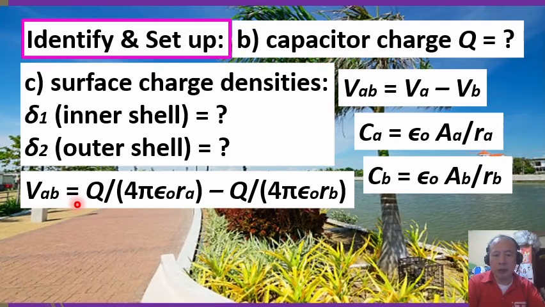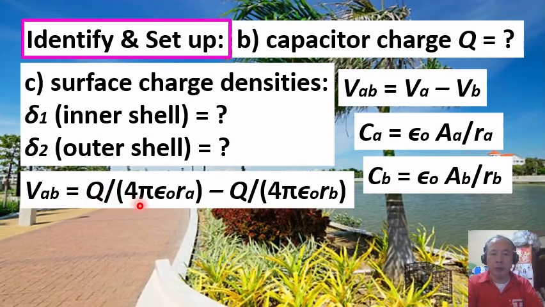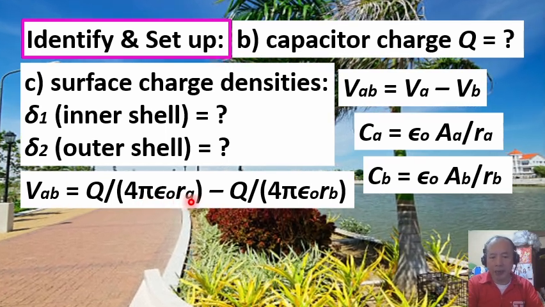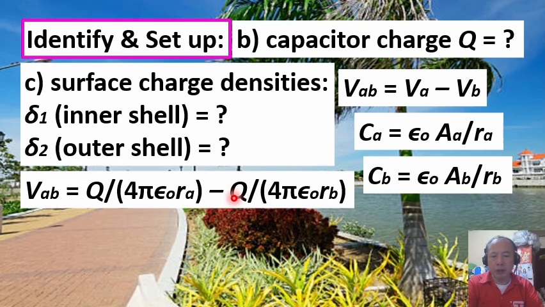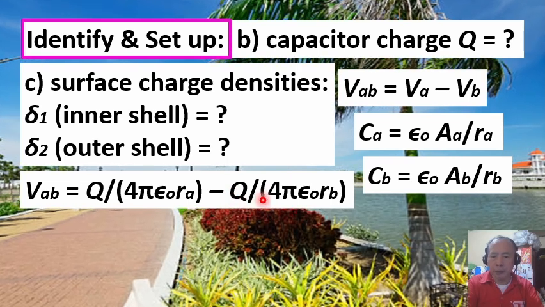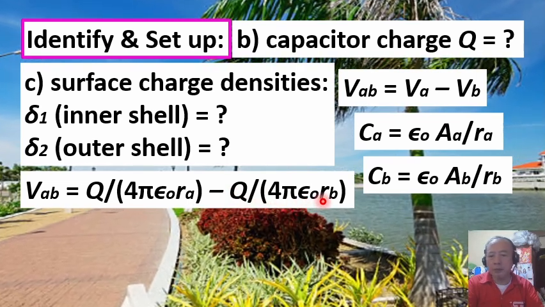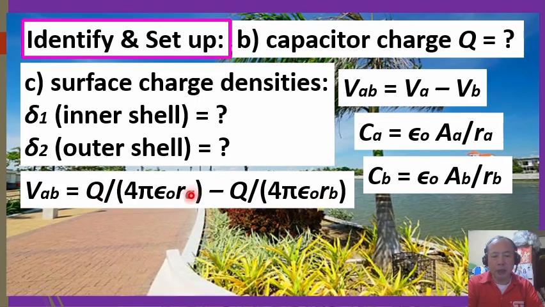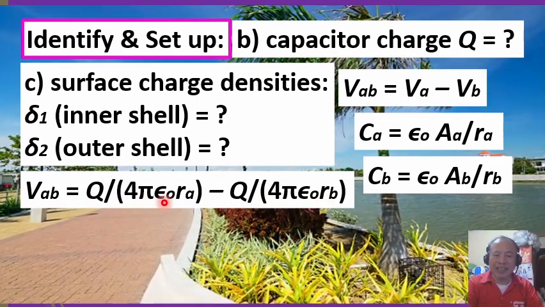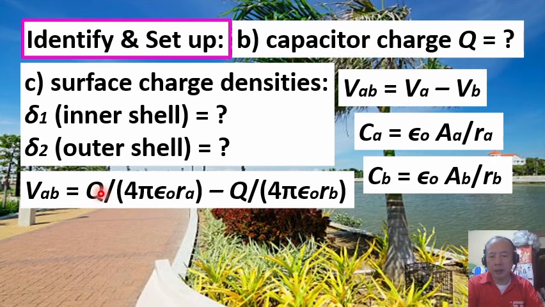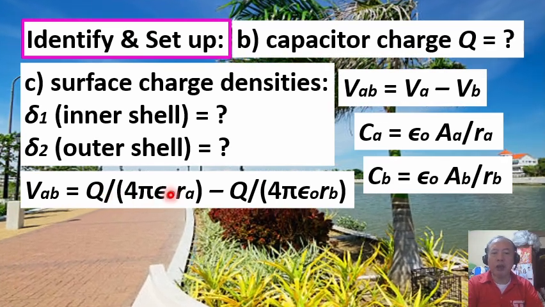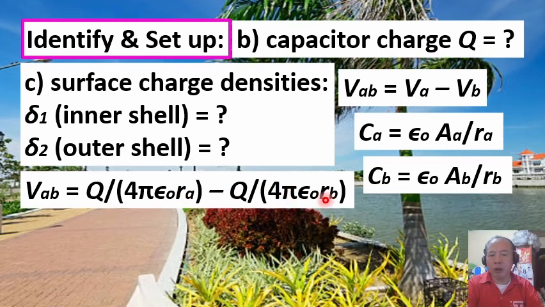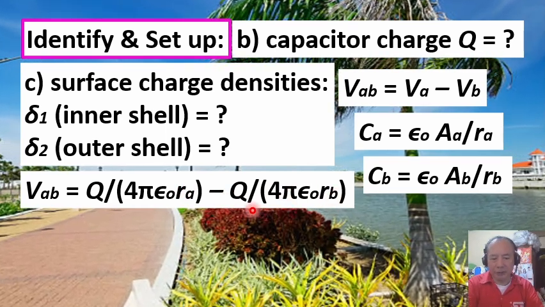V sub AB is equal to big Q divided by 4 pi epsilon naught times r sub A, minus Q divided by 4 pi epsilon naught times r sub B. Each of these terms represents the electric potential on the surface of the inner shell and on the surface of the outer shell.